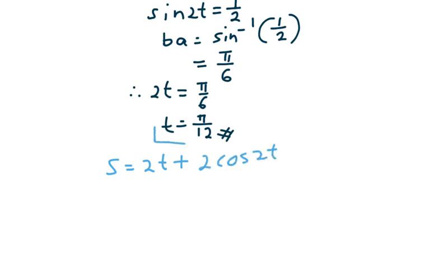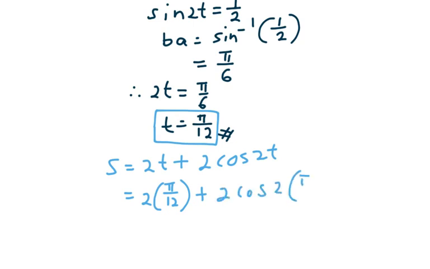When t is equals to pi over 12, 2 times pi over 12 plus 2 cosine of 2 multiplied with pi over 12. Continue, this will give you pi over 6 plus 2 cosine of pi over 6.